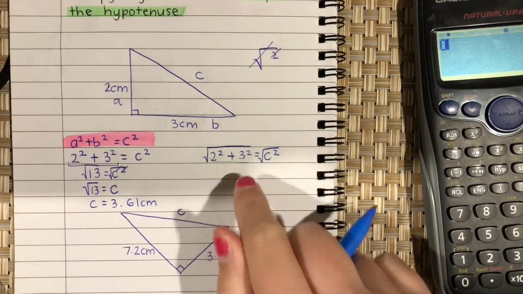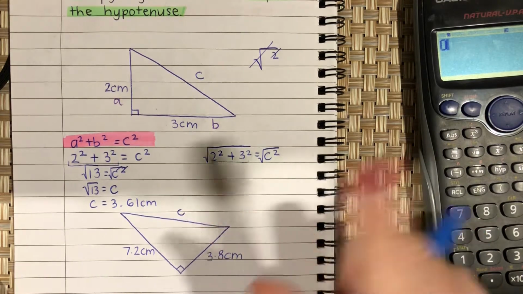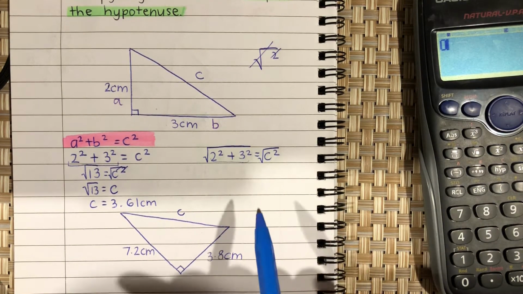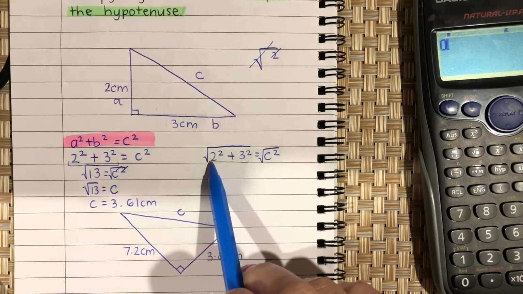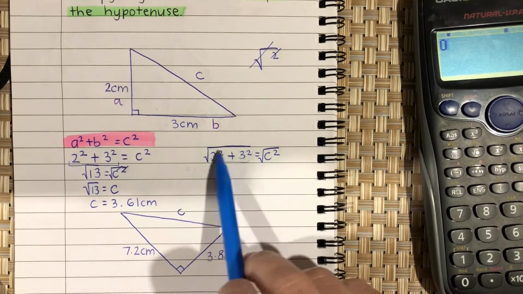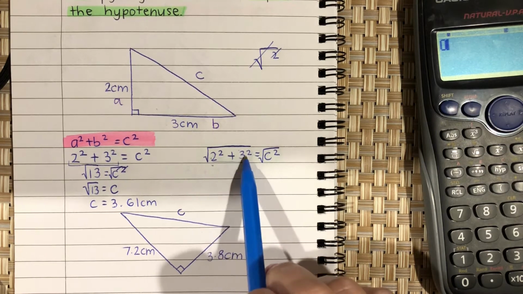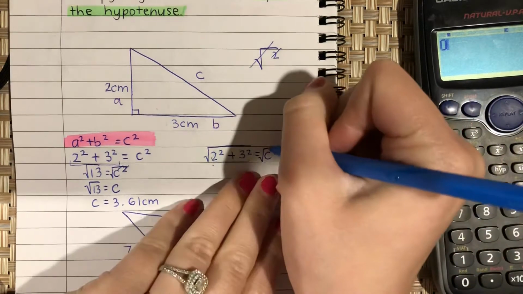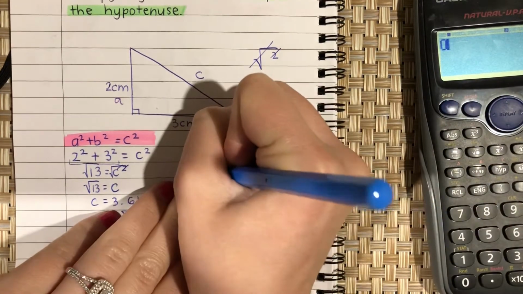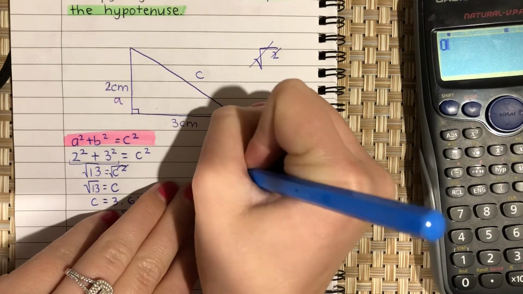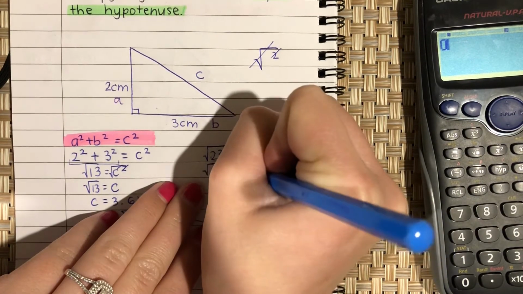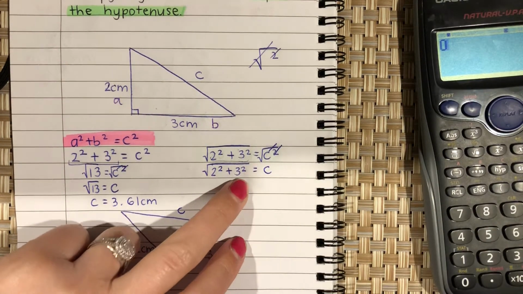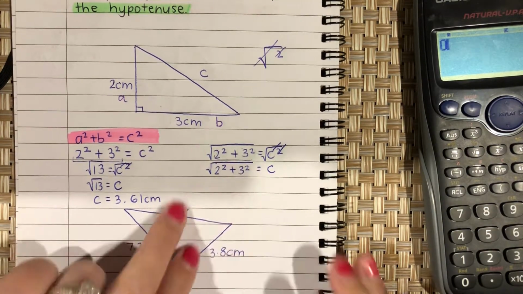Now this shouldn't be anything new to you guys. I did this in the other video, okay? And you should be watching that one first. So here I've got square root all of this. My a squared plus my b squared equals square root of my c squared. These two cancel out and we're left with 2 squared plus 3 squared equals c, and I can put all of this into my calculator.